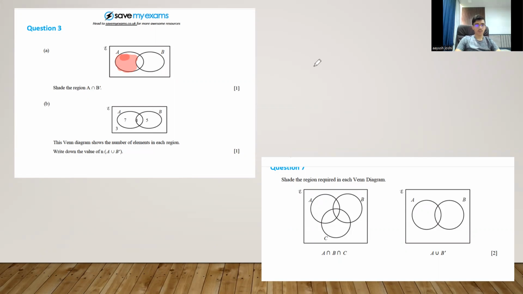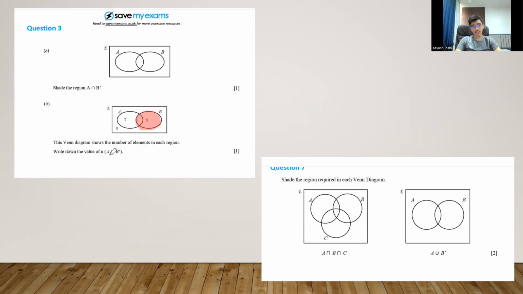Okay. This Venn diagram shows the number of elements in each region. Write down the value of n of A union B complement. Here they are saying A union B complement. So B complement, what part is not in common with B? So everything except B. All this is going to be a part of B complement.